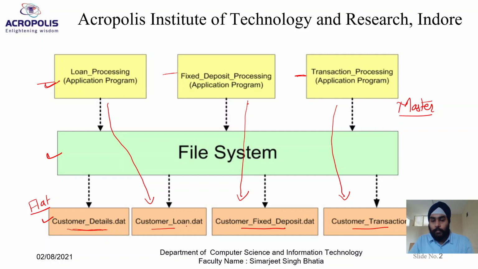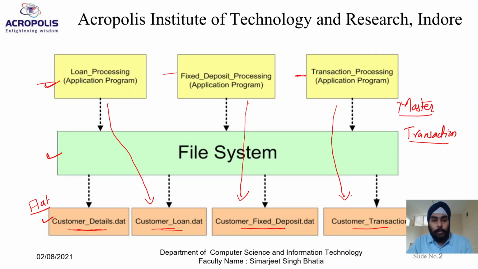Similarly, the customer underscore loan.dat file comes under the category of the transaction file. Please don't be confused that this transaction file refers to the customer underscore transaction.dat file. No, it does not have a direct relation with the customer underscore transaction file. Transaction files are those files in which the information or data kept changes frequently with respect to time.